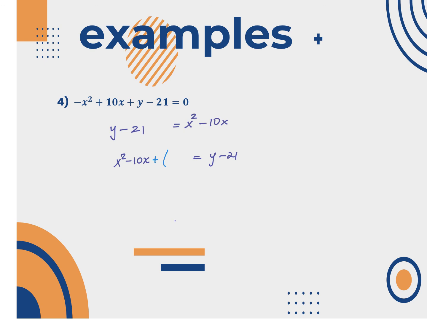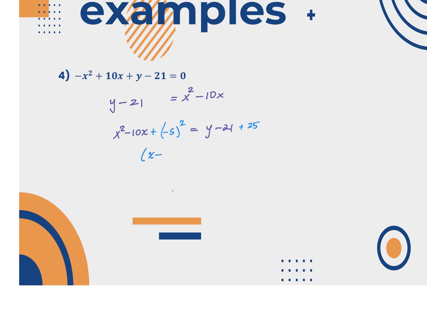So half of negative 10 is negative 5 squared, so we add 25. So we're going to get (x minus 5) squared equals y plus 4, and we could put a 1 here. Okay, so the vertex is 5, negative 4.